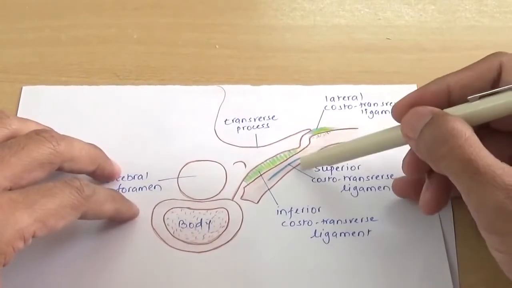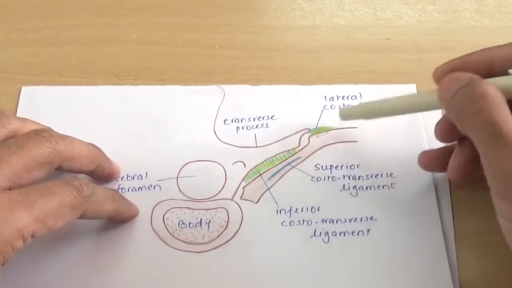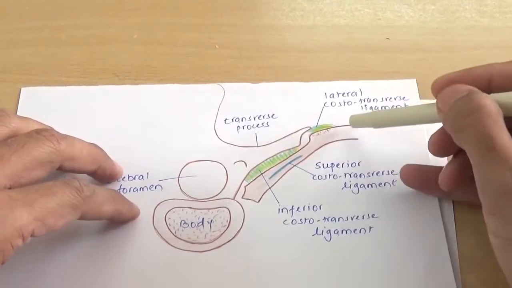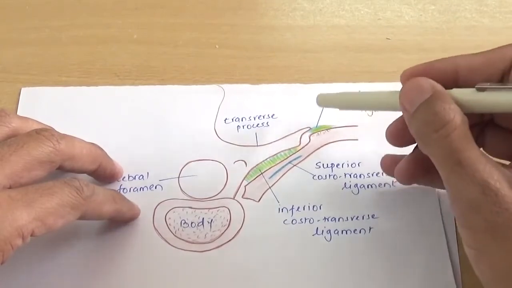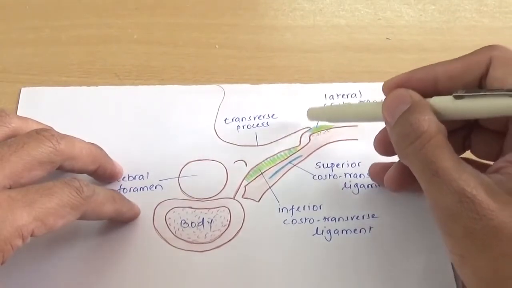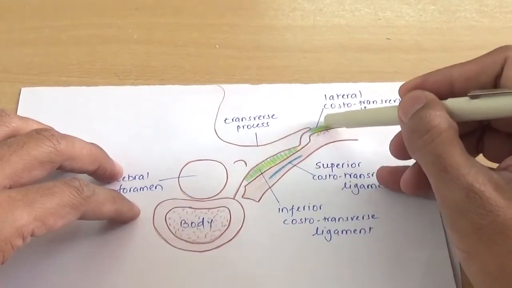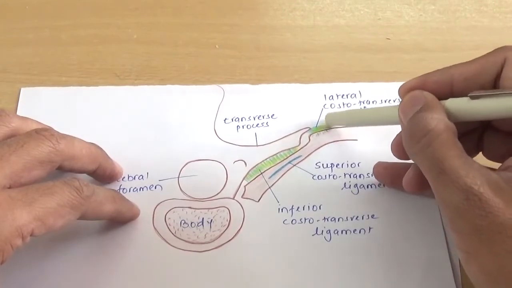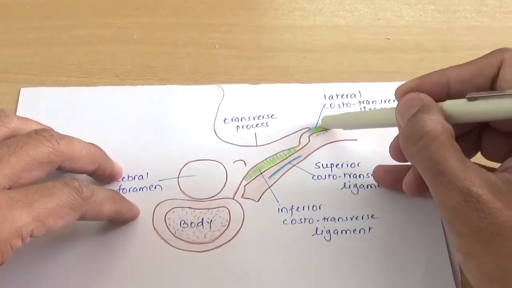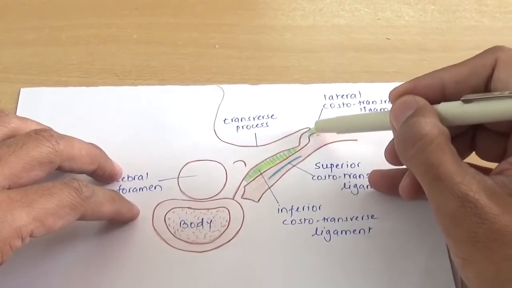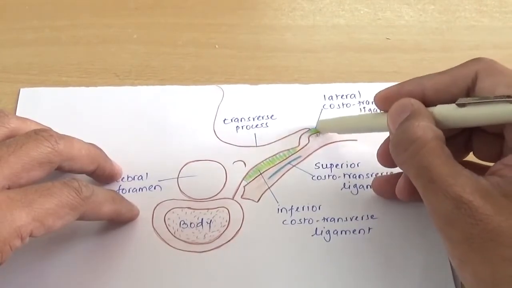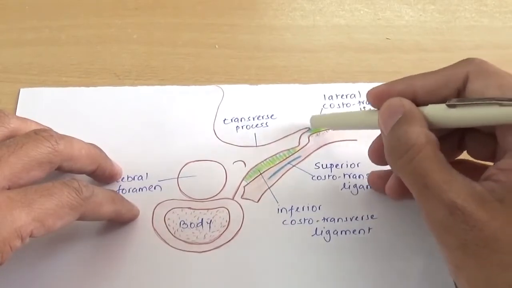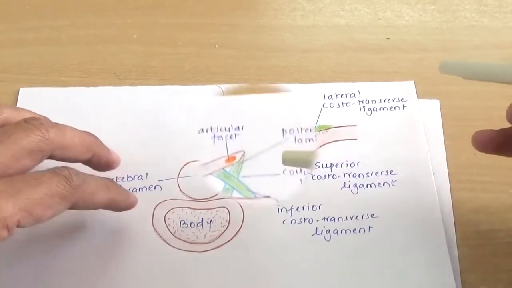So between corresponding vertebrae and ribs there are these 3 costotransverse ligaments. The first is the lateral costotransverse ligament. It extends from the tip of the transverse process to the lateral non-articular part on the tubercle of the rib. Over here next to the articular facet on the tubercle of the rib there is a non-articular part, and that provides attachment to the lateral costotransverse ligament.